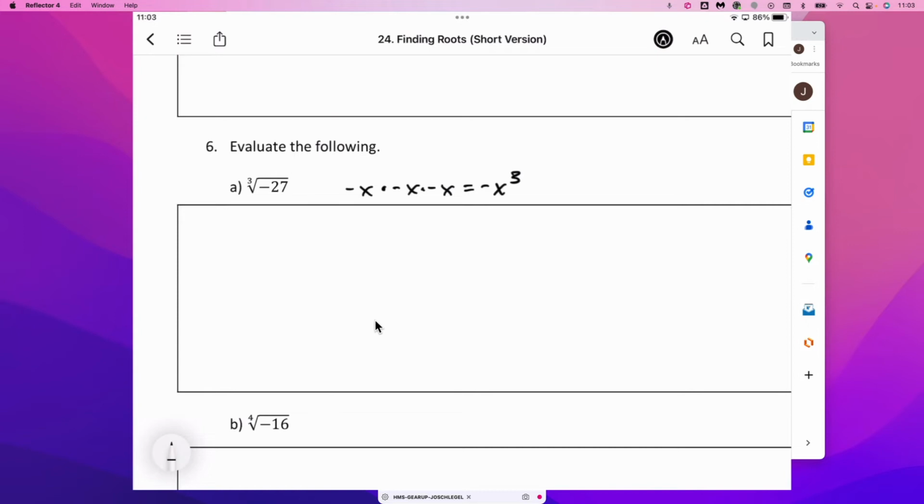So what we need is to recognize that 3 is the number, because 3 times 3 makes 9, and 3 times 9 makes 27, and it's negative 3 because negative 3 times negative 3 times negative 3 is going to make a negative answer because we have an odd number of negative signs, and 3 times 3 is 9, times 3 is 27.